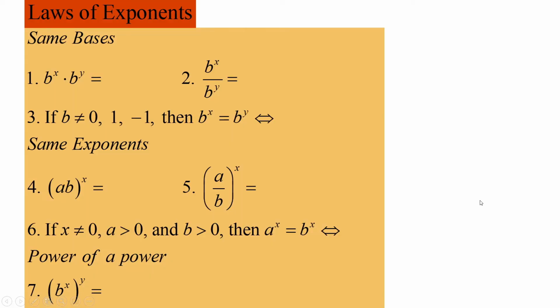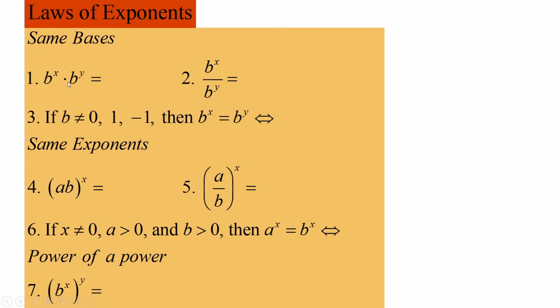Now, laws of exponents. This is critical. Laws of exponents have to become totally automatic to you guys. So you need to know how to rewrite b to the x times b to the y. When you're multiplying expressions with common bases, all you need to do is add the exponents.